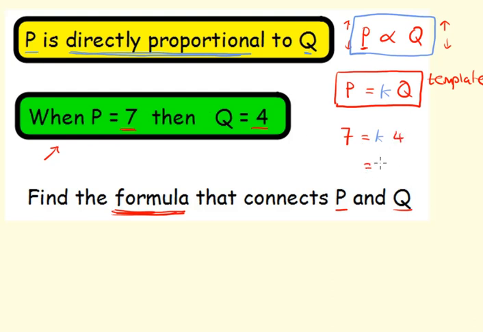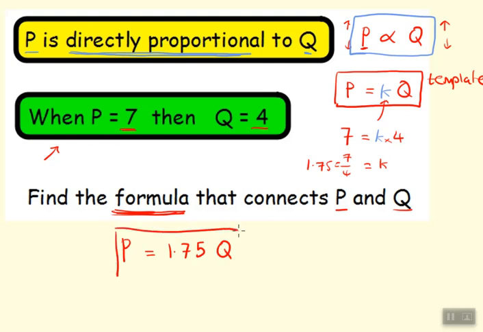So that K value must equal, if we rearrange this formula, K times 4, so divide both sides by 4. 7 divided by 4 is 1.75. So that K value, the proportional amount, is 1.75. So the formula now is P is equal to 1.75 times Q. This is the formula that connects these two variables together.